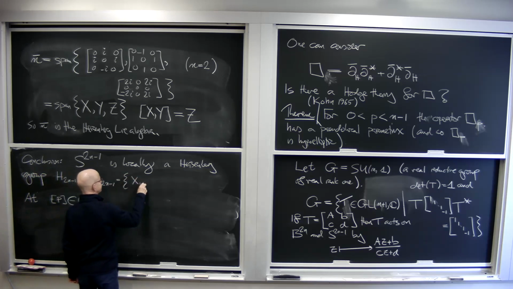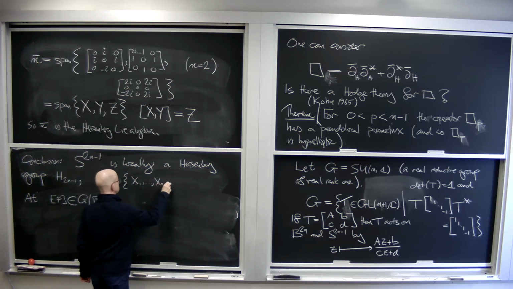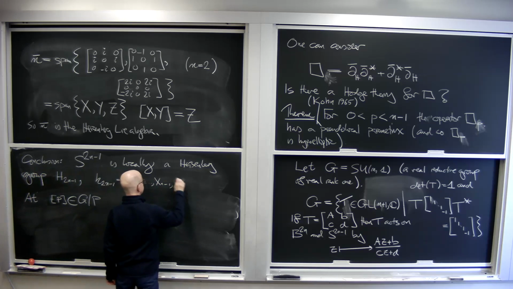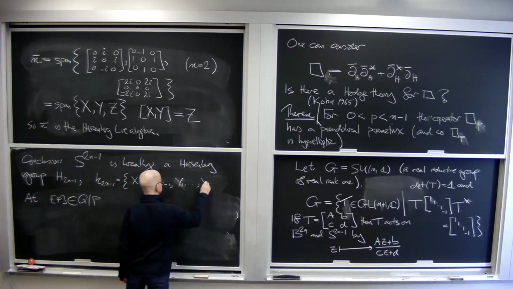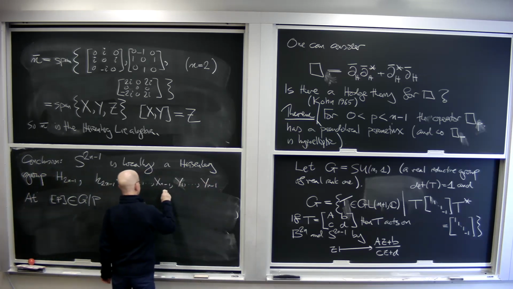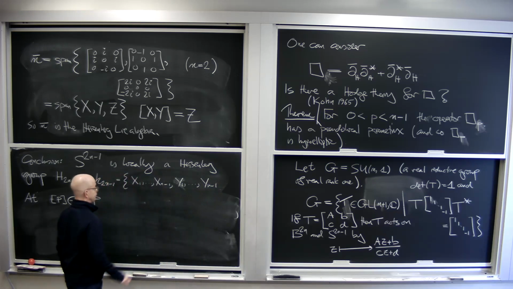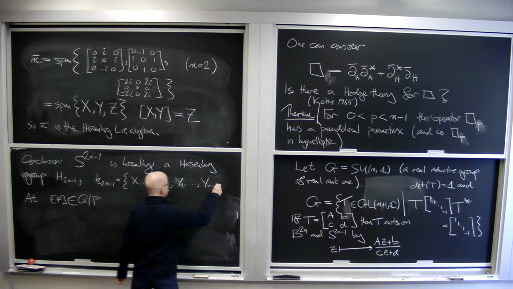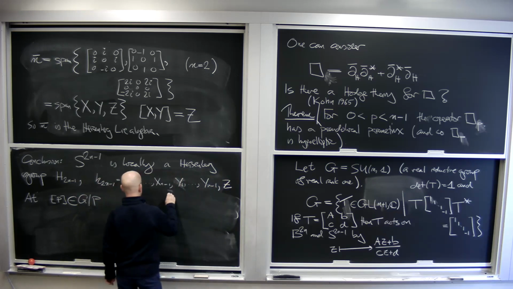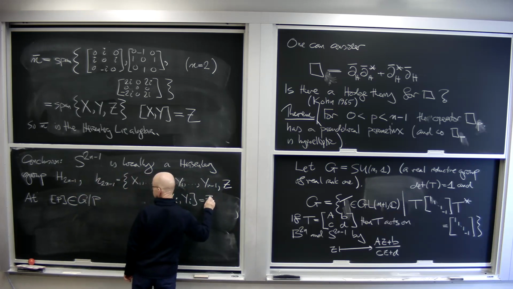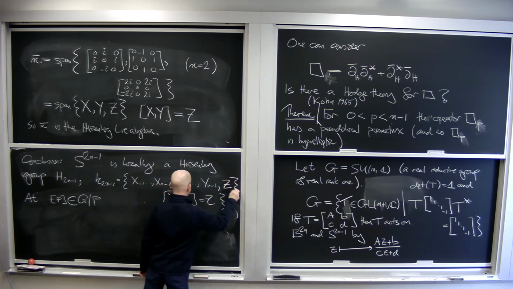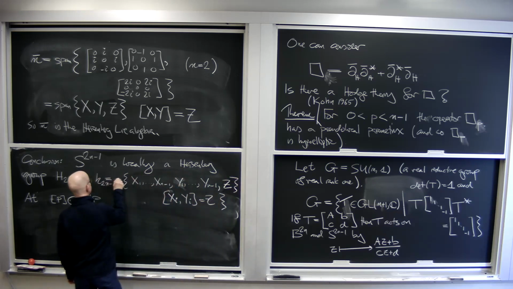So there's a bunch of x's and a bunch of y's, and a z, and the only non-trivial brackets are that the bracket of xi and yi is z. No, I guess it's the span of these guys.